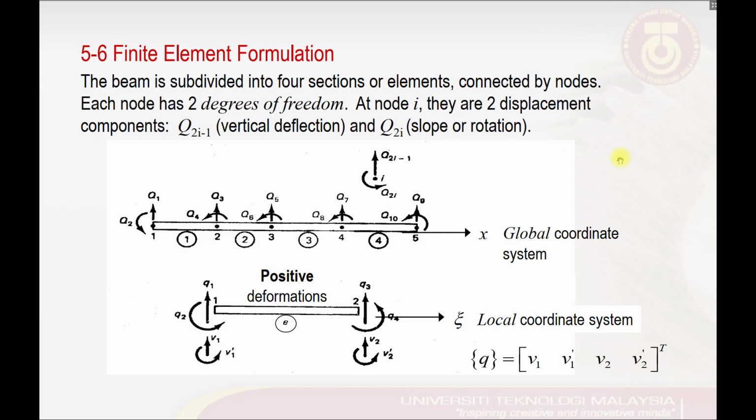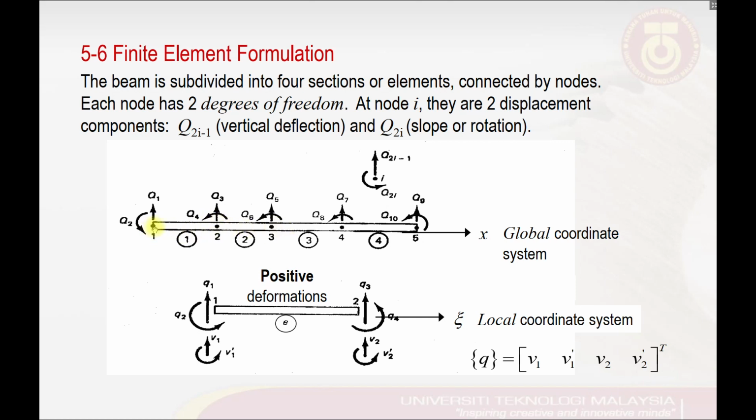So for the purpose of our finite elements, this figure shows one beam structure spanning from left to right, which is then divided, or chopped, into four sections, four elements. Each element is connected between nodes.